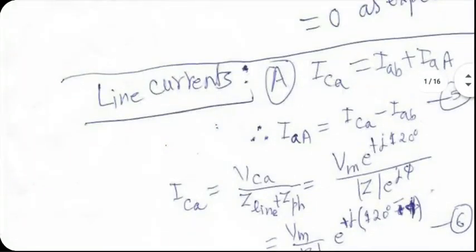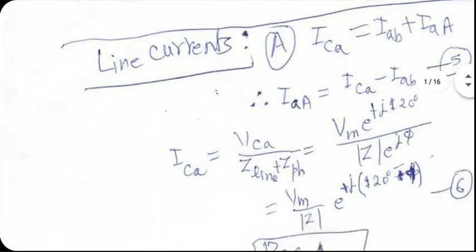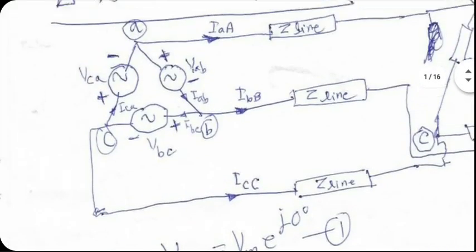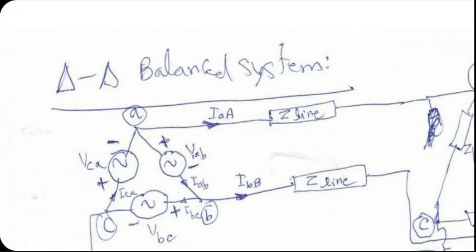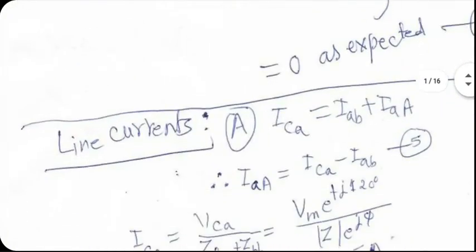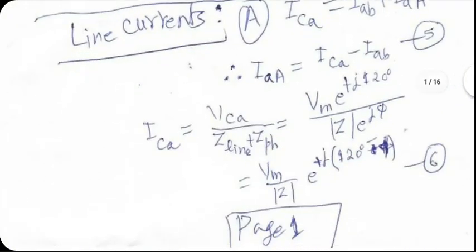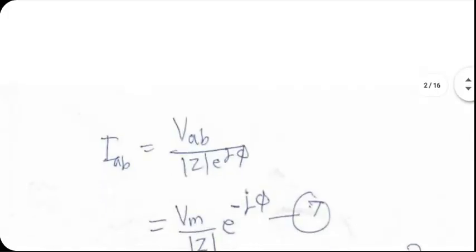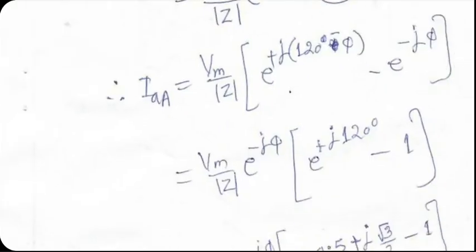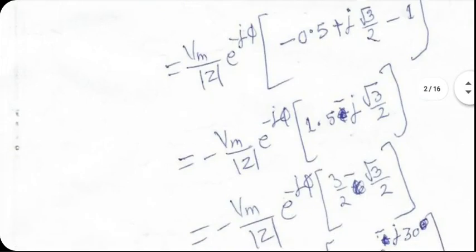The value of Z means the total load in one of the phases, which means ZPH plus Z line. It's not probably written well here, but you should be able to see that. If you draw per phase equivalent, the path will have Z line plus ZPH impedance. So that is actually supposed to be Z. Okay. This simplifies a lot.